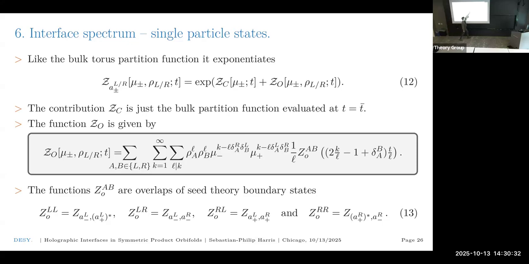And what is new is this part over here, the part that comes from the coverings of the torus by the annuli. And you can explicitly write down what it is. You find some combination, of course, of these chemical potentials that were introduced, but for now that's not so interesting.